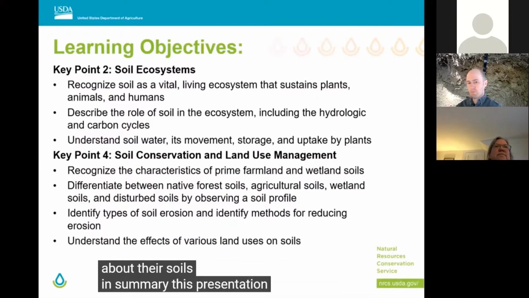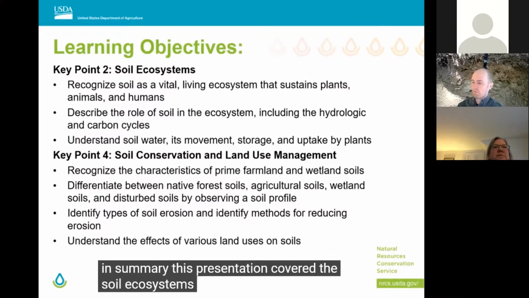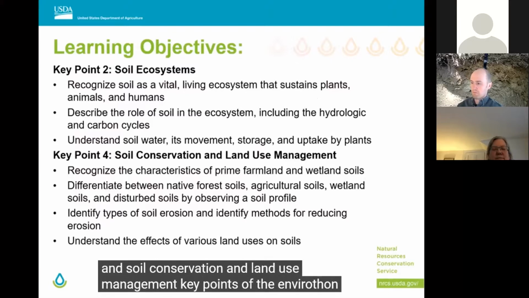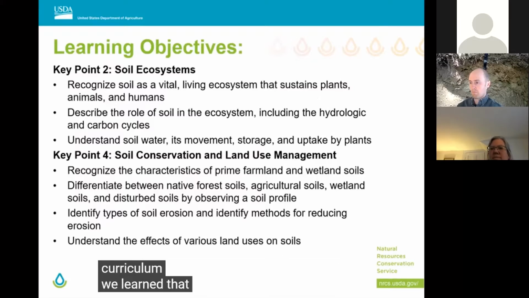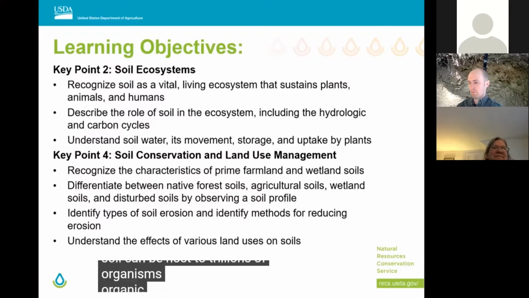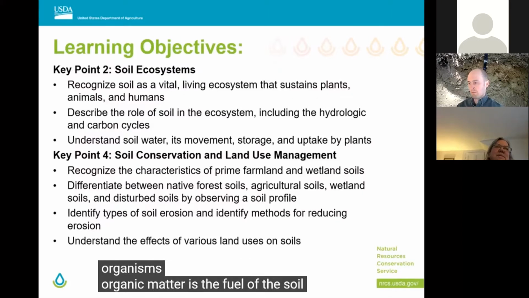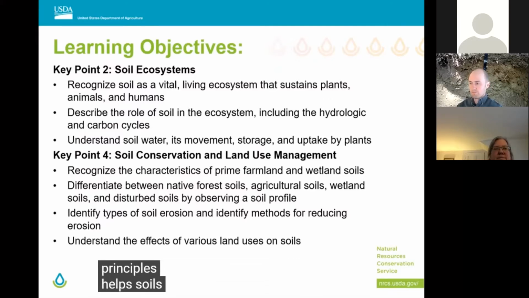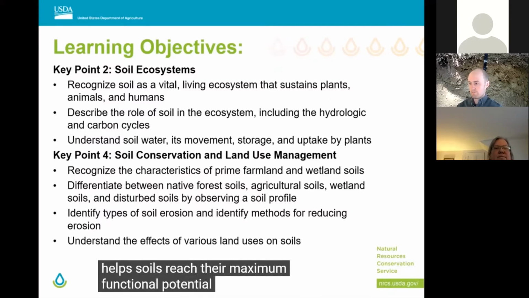In summary, this presentation covered the soil ecosystems and soil conservation and land use management key points of the Envirothon curriculum. We learned that even a small area of soil can be host to trillions of organisms. Organic matter is the fuel of the soil food web, and fostering soil organisms and organic matter through soil health principles helps soils reach their maximum functional potential.